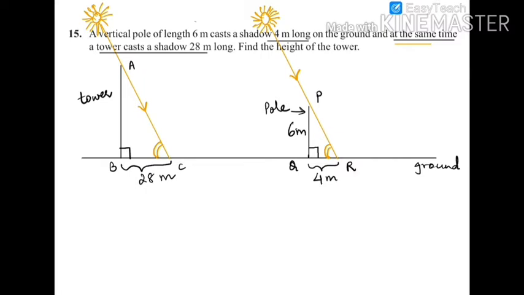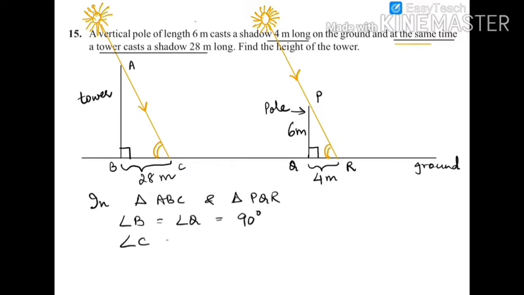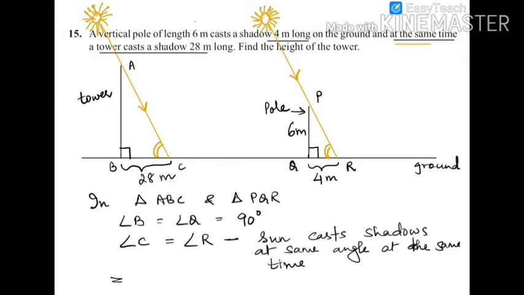Let's write down. In triangle ABC and triangle PQR, angle B is equal to angle Q, each is 90. Angle C is equal to angle R. So this implies triangle ABC is similar to triangle PQR by angle angle.